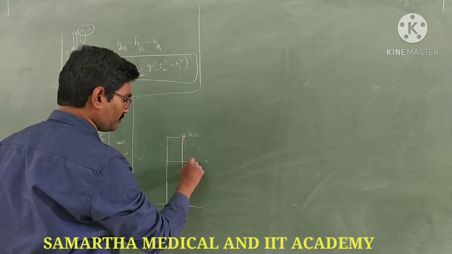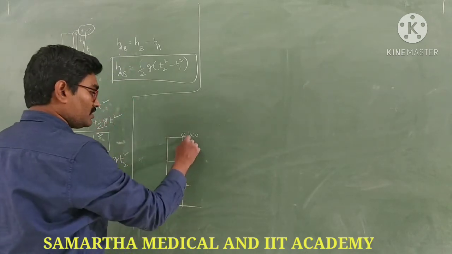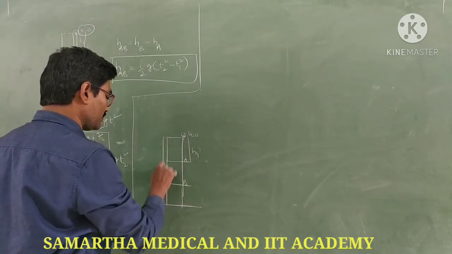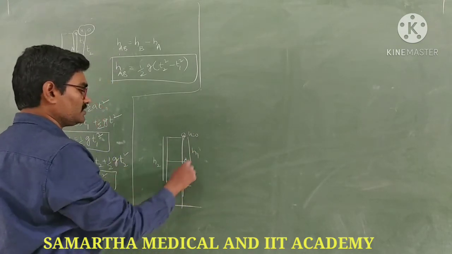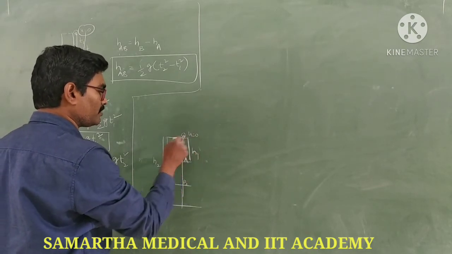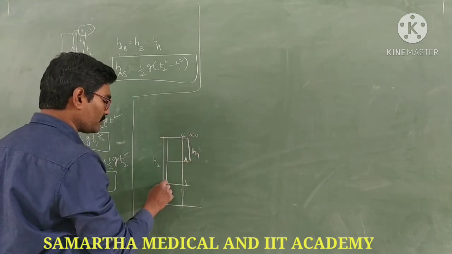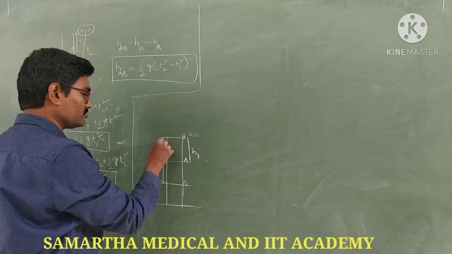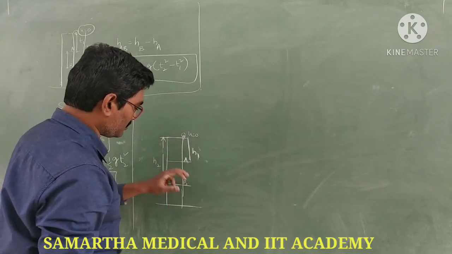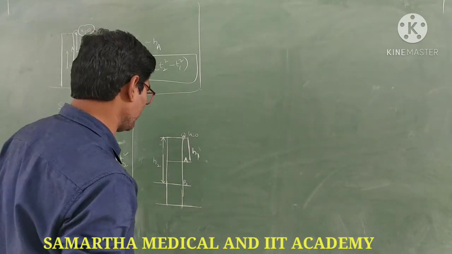While it is falling, there are two points like in the previous case, A and B. A is at a distance H1 from the top of the building, and to reach the point B from the top, the distance is H2. Then what is the distance between A and B in terms of given quantities? Time is not given, so now we need to calculate in terms of heights.